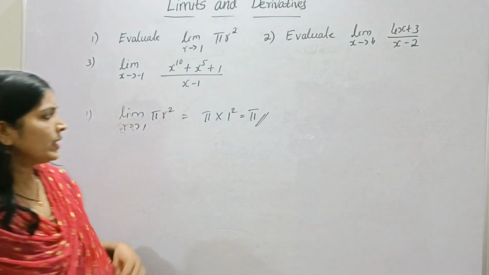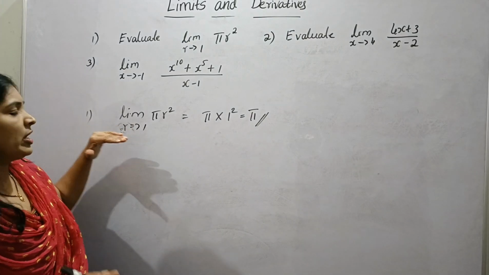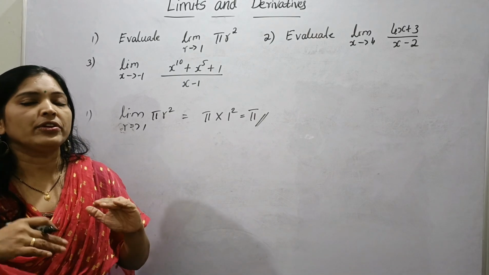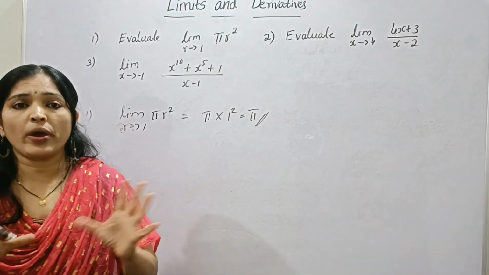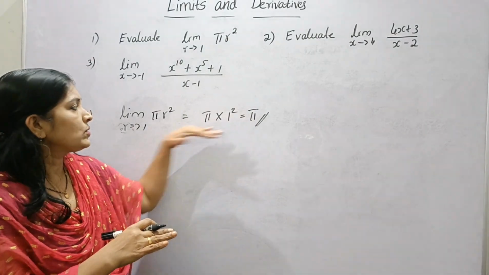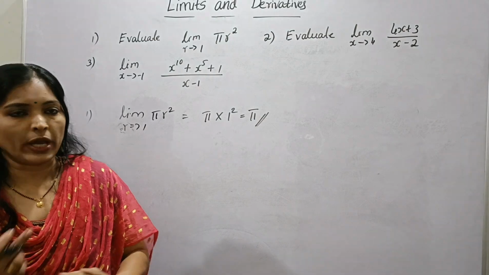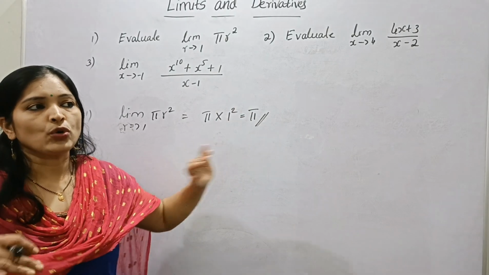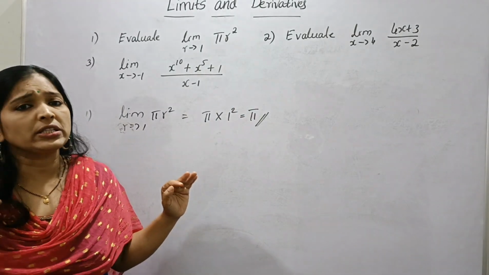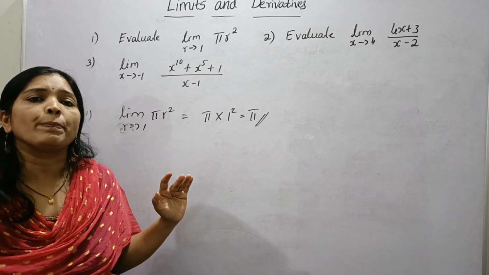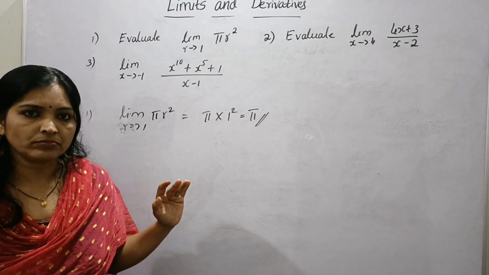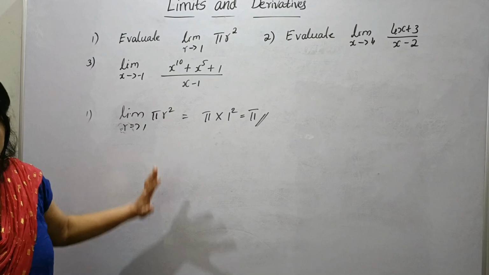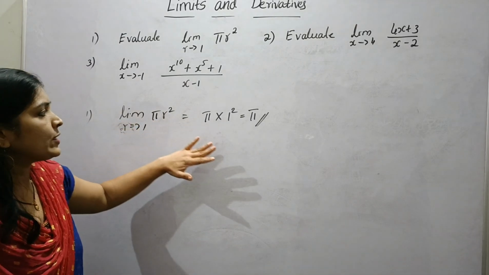So pi times 1 squared, that is 1, so pi itself. With r approaching 1, we find the value that pi r squared approaches. So by direct substitution, the limit as r tends to 1 of pi r squared is equal to pi. Whenever you are asked to find the limit of any function, first of all apply the direct substitution method. Here we have got this value, so this limit exists: the limit as r tends to 1 of pi r squared is equal to pi.